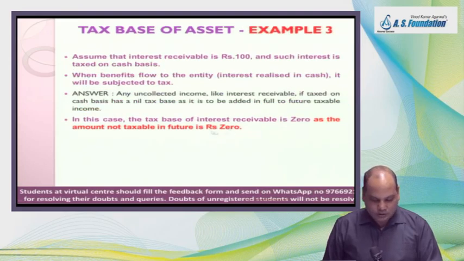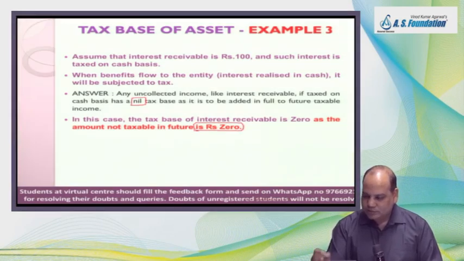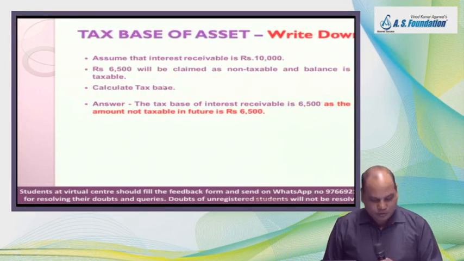In this case, tax base of interest receivable is 0. Is 0, right? This much you have to write in your answer sheet. Tax base of interest receivable is rupees 0. Okay, one more question. Assume that the interest receivable is rupees 10,000.